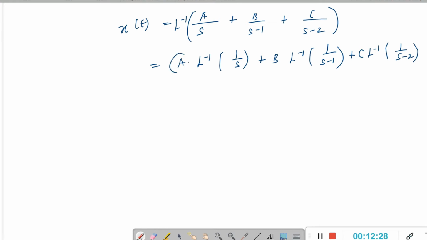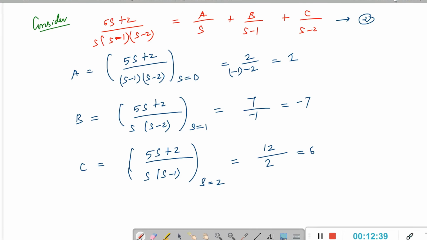If you substitute the values, A equal to 1, B equal to minus 7, C equal to 6.